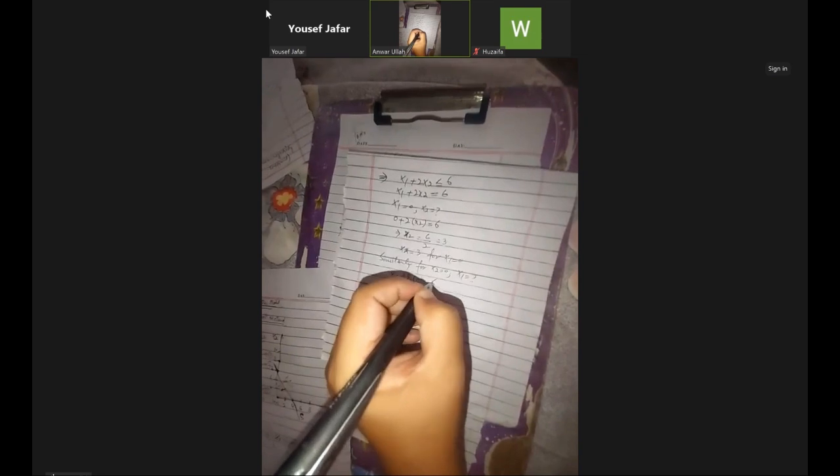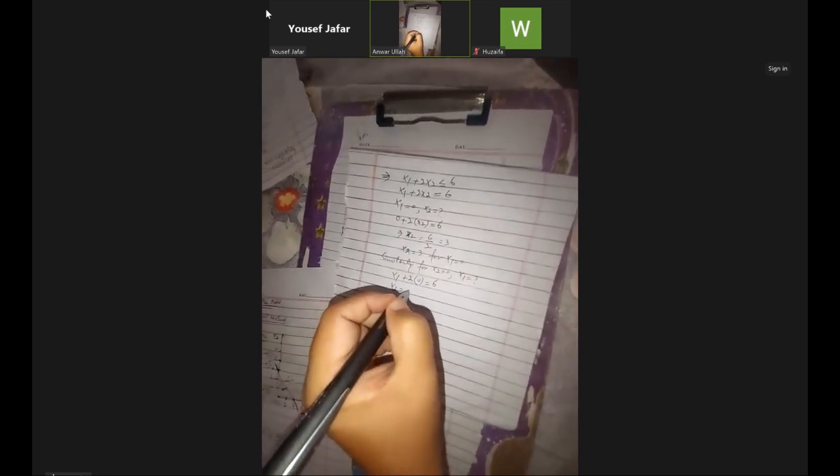Now, similarly, for x2 is equal to 0, we need to find the value of x1. Putting x2 is equal to 0 in the equation, we see that 2 into 0 is equal to 6.